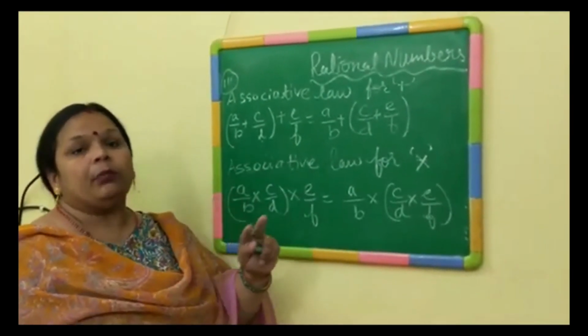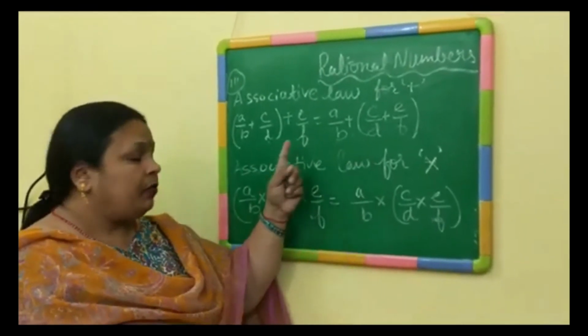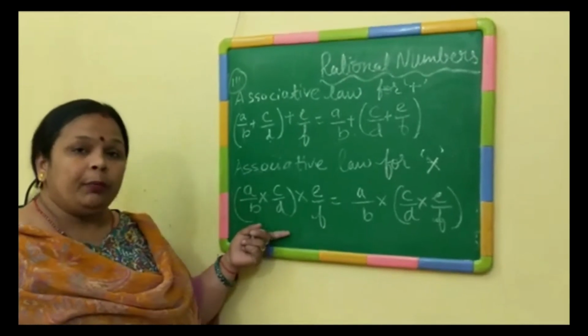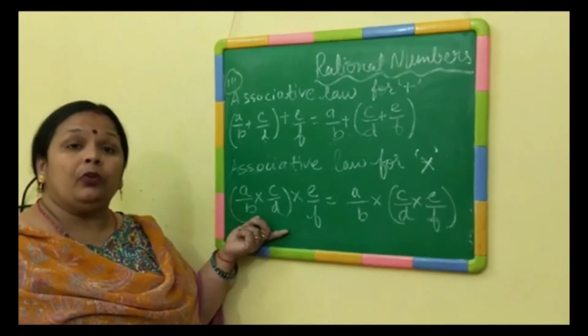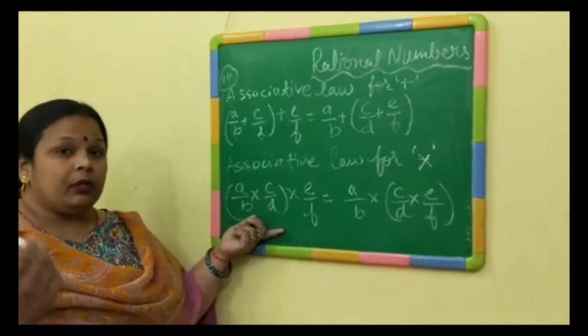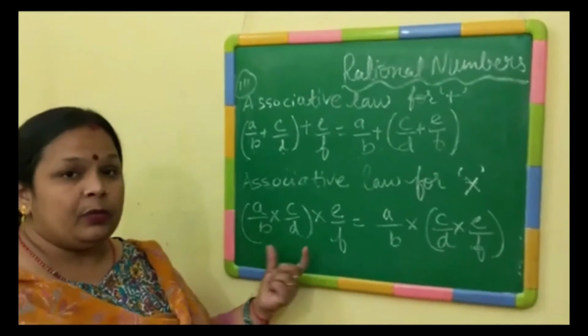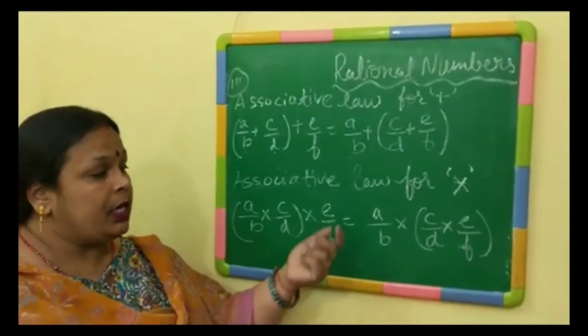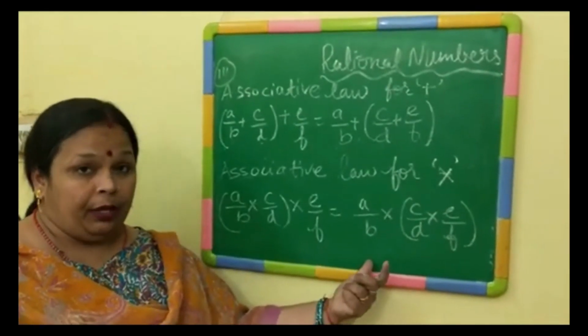In mathematical language, LHS is equal to RHS for addition. Similarly, for multiplication, remember the concept from whole numbers: the product of A into B multiplied by C is equal to the product of B into C multiplied by A. Clear?